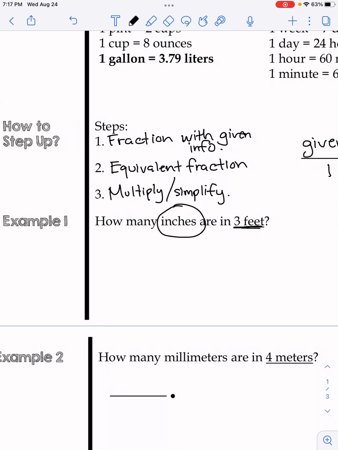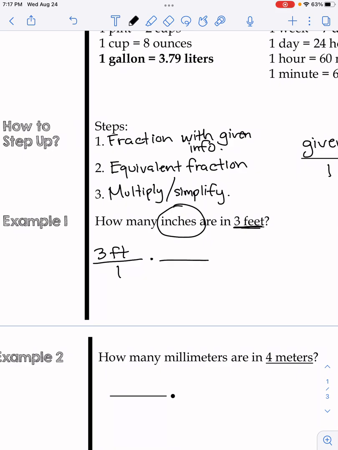What we want is in terms of inches here. So we're going to put our given, which is 3, and we'll abbreviate typically. We'll put 3 feet. Since this isn't like 3 feet per one hour or minute, whatever, we're just going to put this over 1.